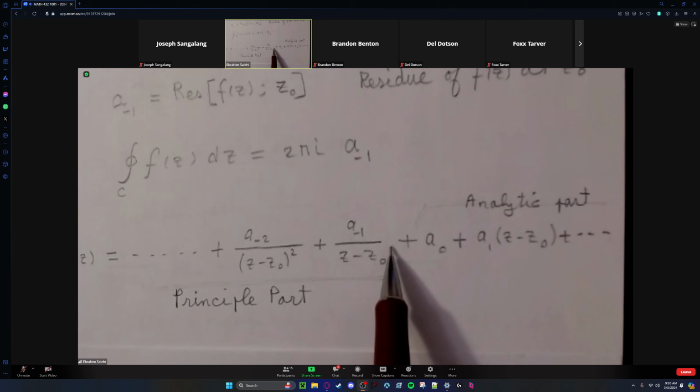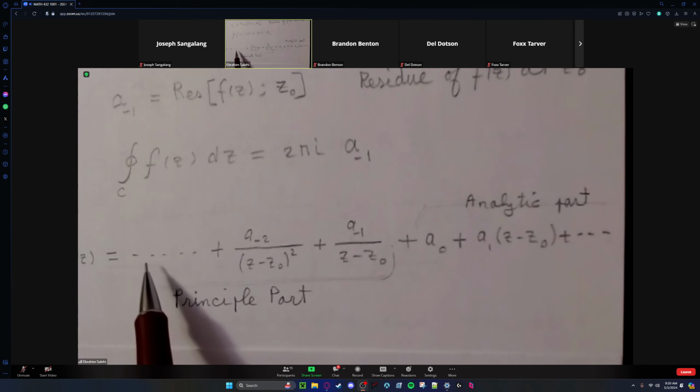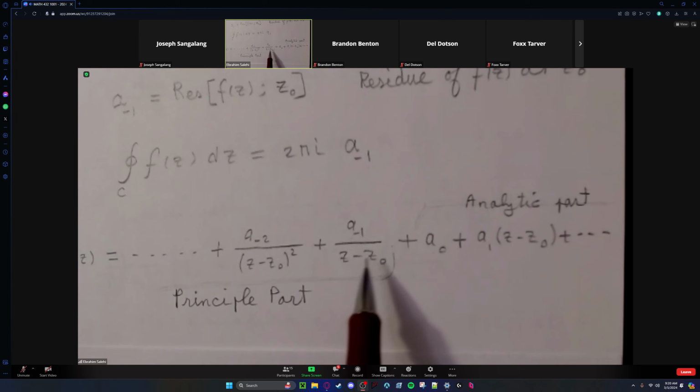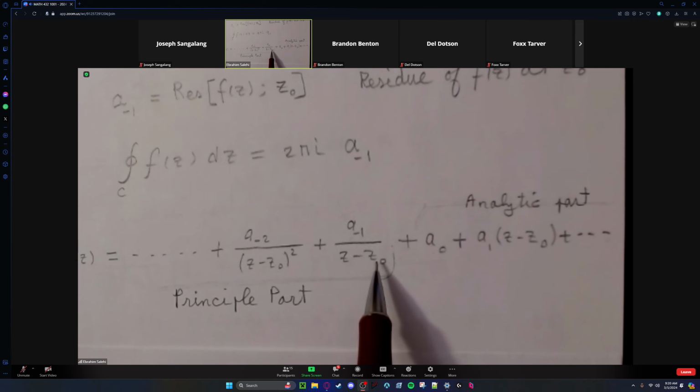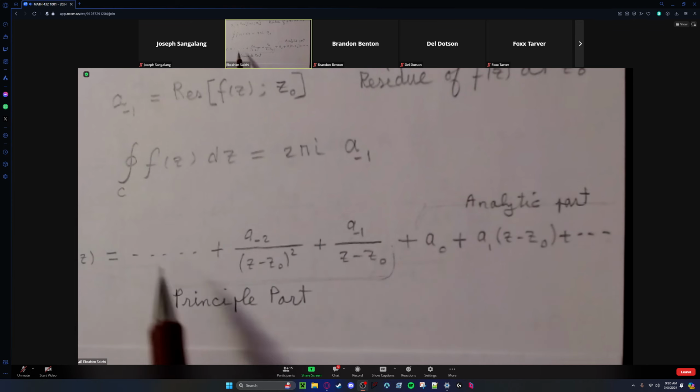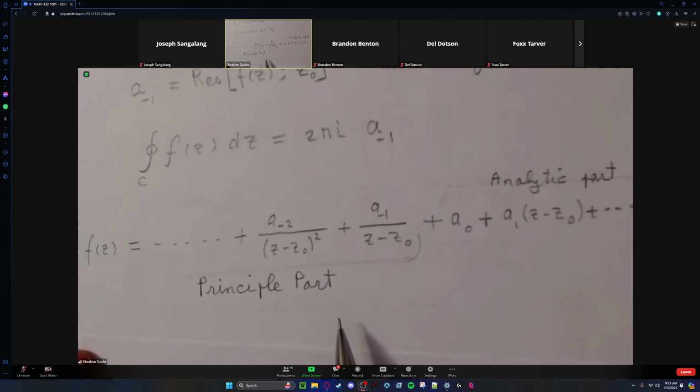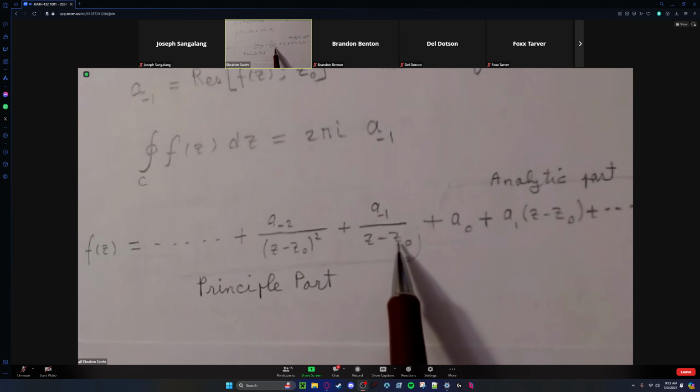But the other portion that contains the negative powers of z minus z naught is called the principal part of the function. Now, based on that principal part, we are going to classify this singularity z naught.